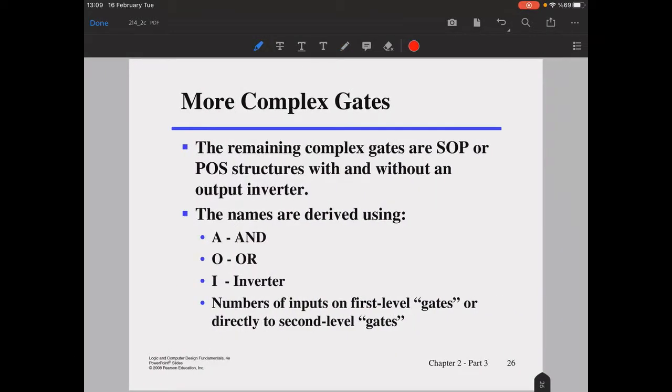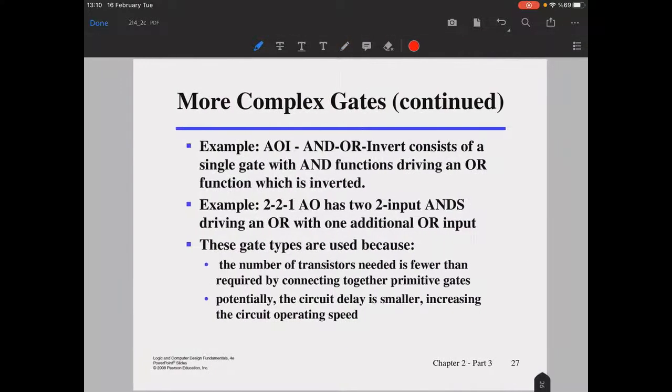Ideally, of course. And are there more complex gates? Yes. They are usually sum of products and product of sums structures with or without an output inverter. The names are derived using their first letters, A, O, and I for the inverter, and the number of inputs on the first level of gates and second level of gates are given here.